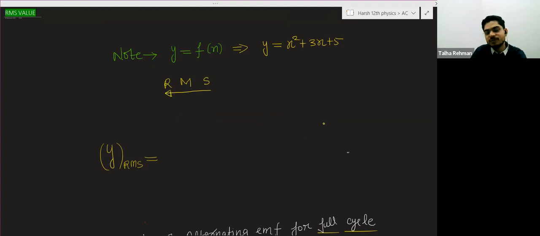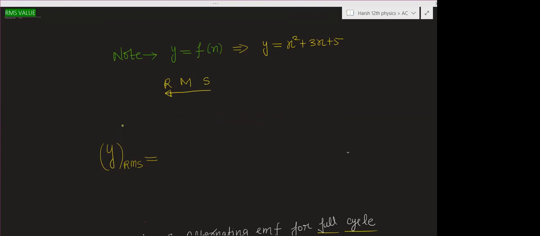This is just a trick you can say. So first step you will do the square, square of y. So you have done the square of y.